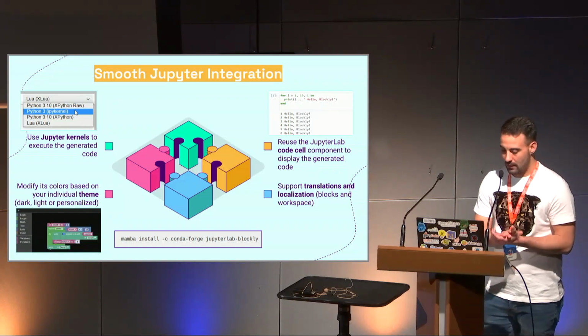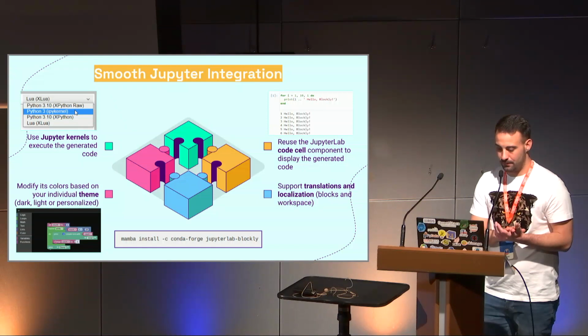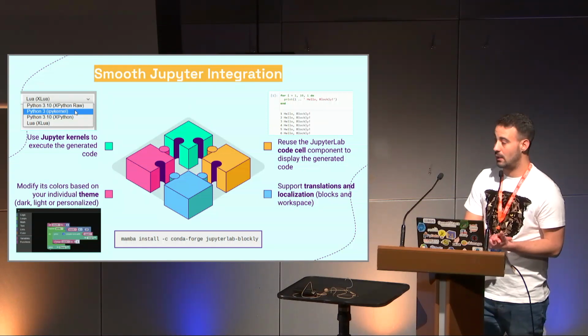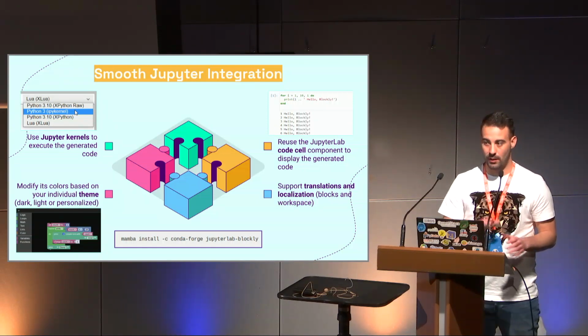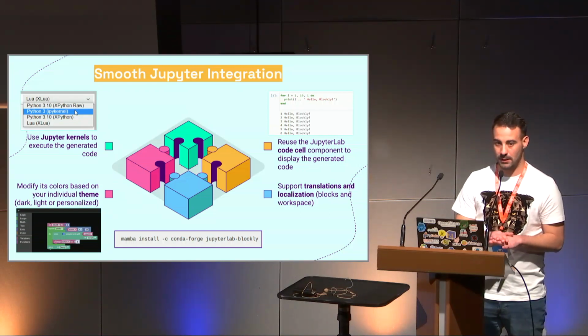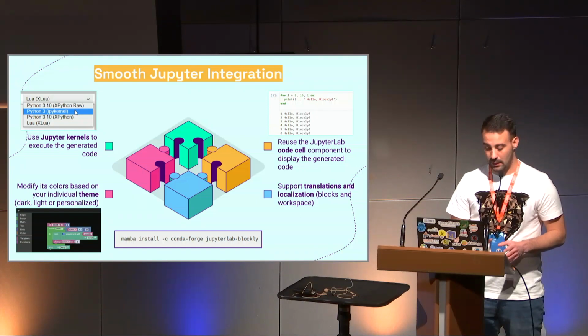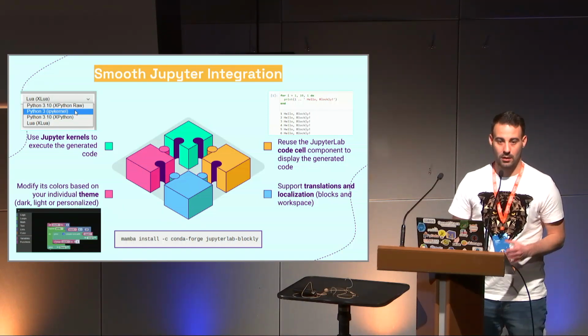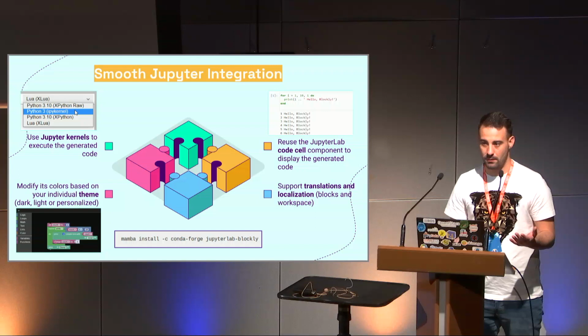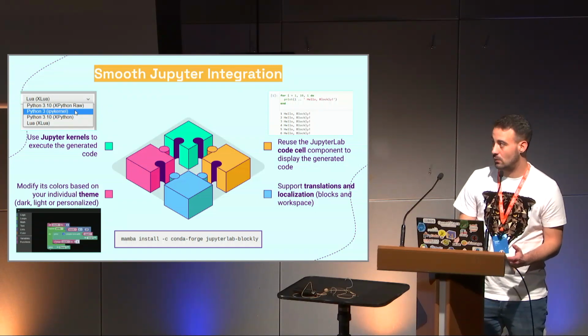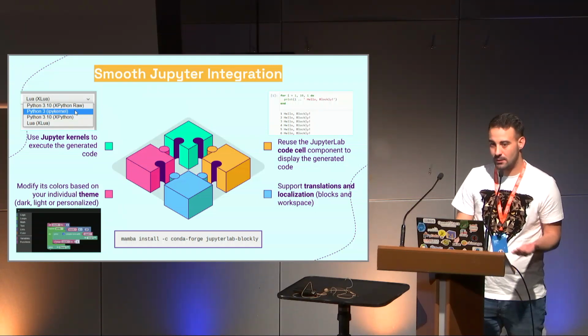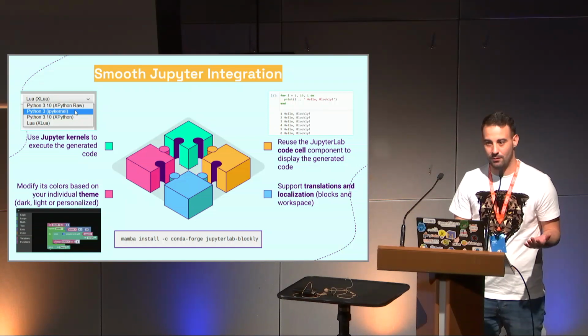Apart from that, we have two key features that overlap between Blockly and JupyterLab. For example, the theme. The library Blockly allows you to create and customize your own theme. What we did in this case is just use the CSS variables from JupyterLab.